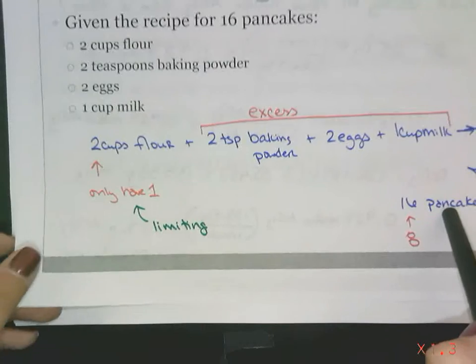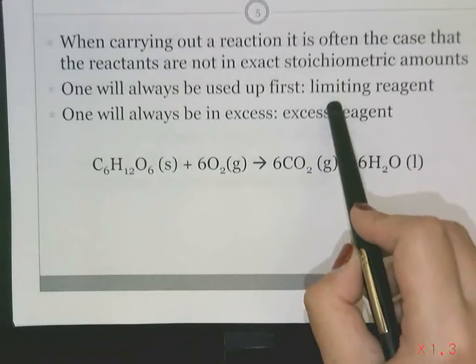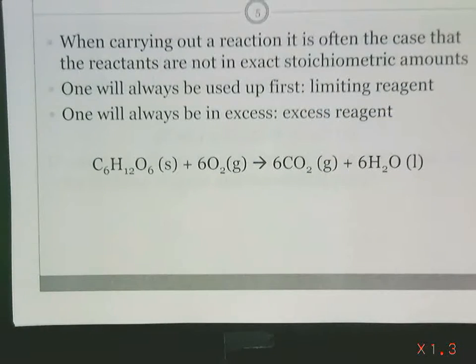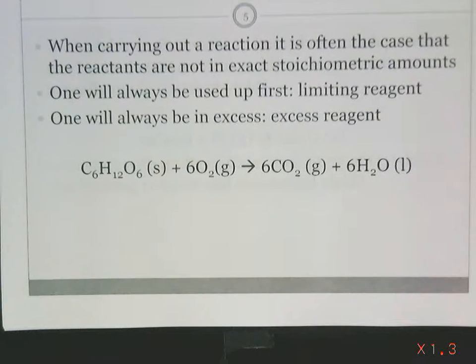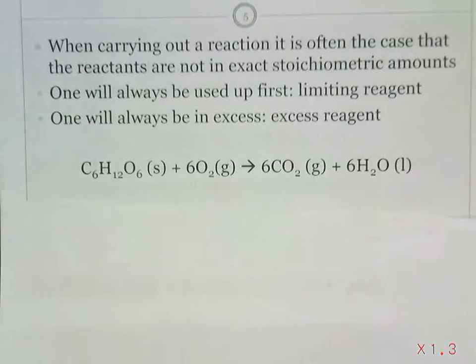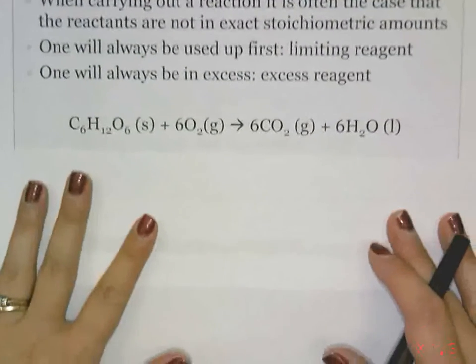Same thing, the one that gets used up first, that's the limiting reagent. That is the compound that's preventing me from making as much as I possibly could make. And then everybody else will be in excess, which we call the excess reagent. Nothing clever about that. So let's walk through a limiting reagent problem.